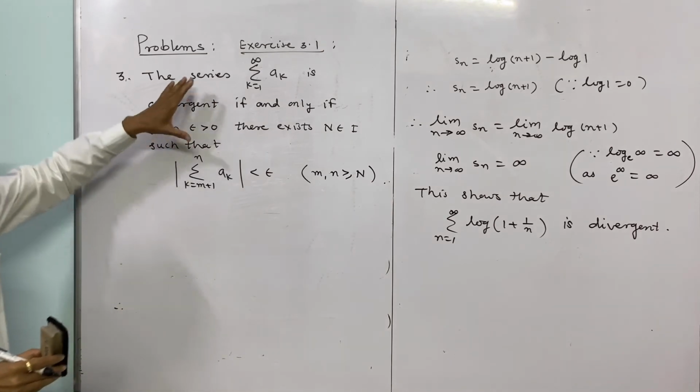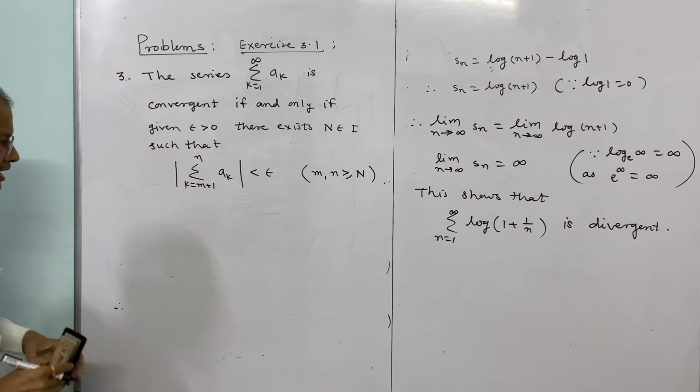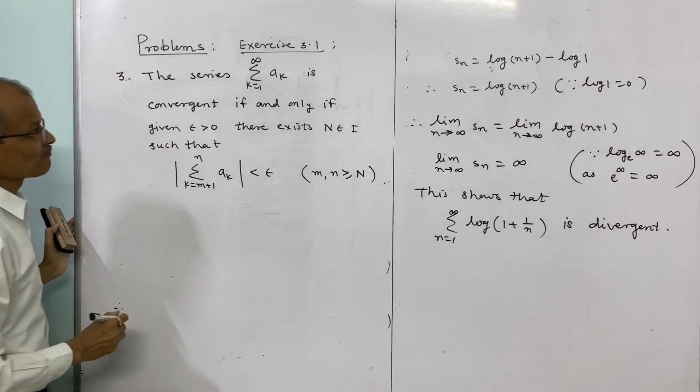So this is an important example or problem, which is also known as the Cauchy criterion of convergence.